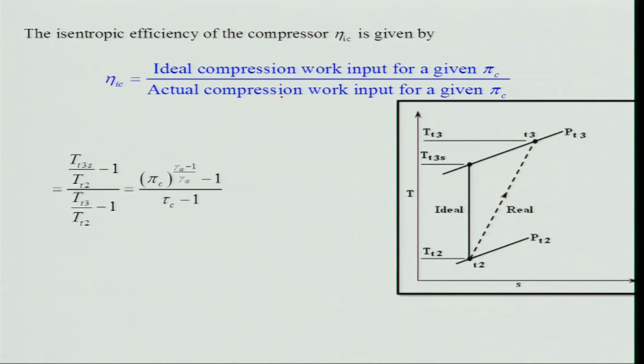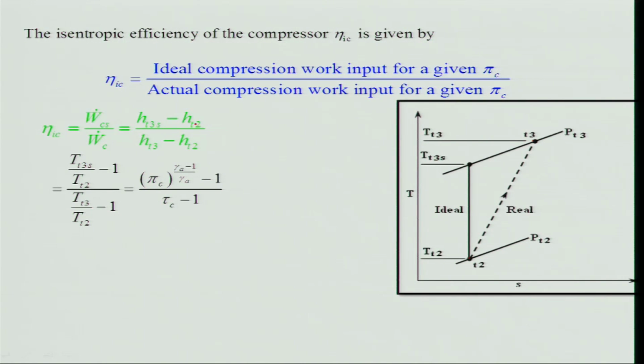So, what is the meaning? The amount of work for the ideal will be H T 3 S minus H T 2, this portion, divided by the amount of work from here to here, that is H T 3 minus H T 2.